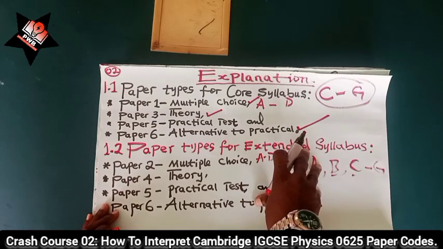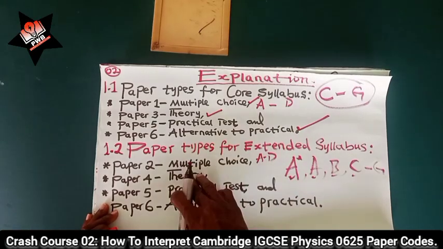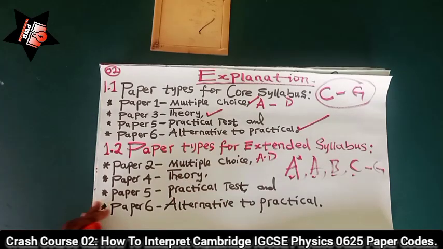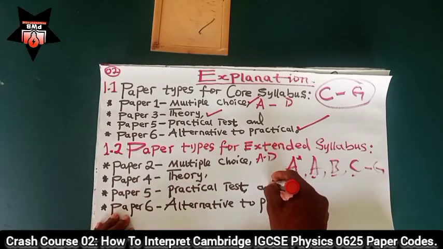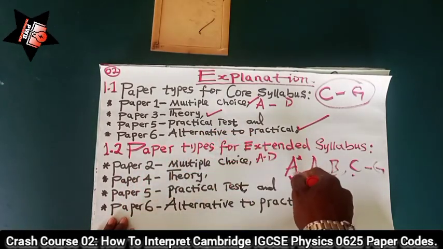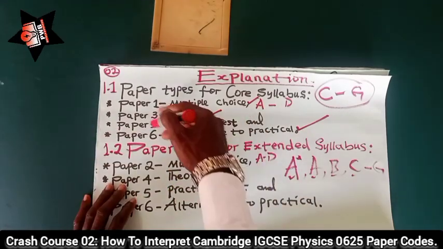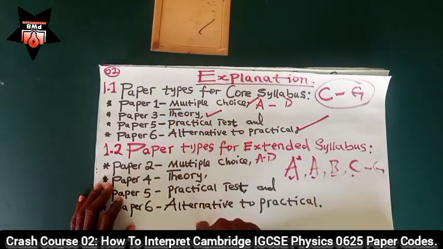Based on the number of questions, you are to answer everything. The questions for the theory, both in core and extended, cut across all the topics in the syllabus. Paper 5 is the practical test. Paper 6 is the alternative to practicals.